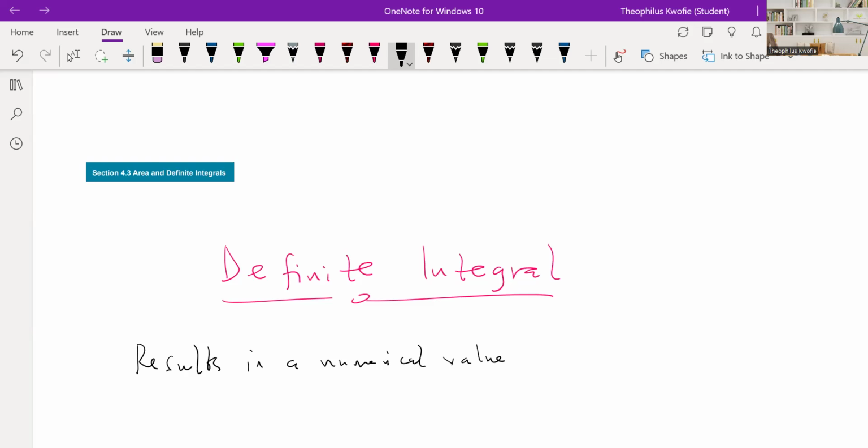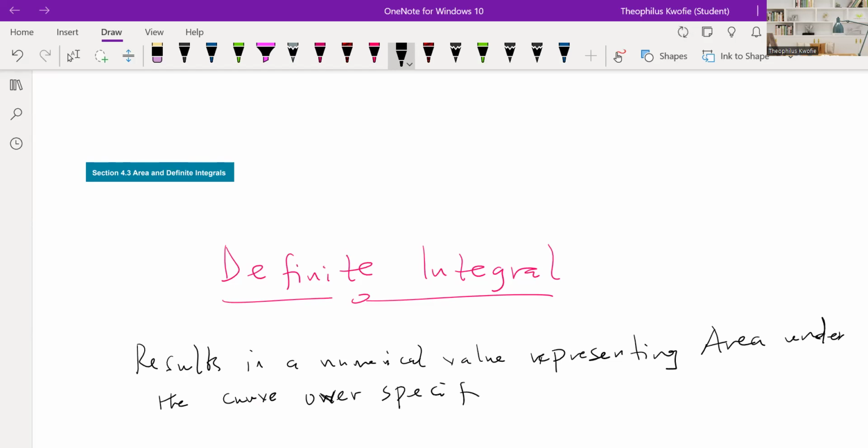It normally results in a numerical value that represents area under the curve, over, as I said, a specified interval.